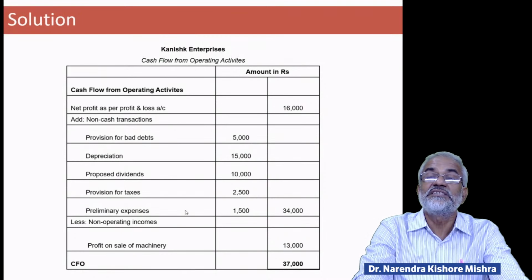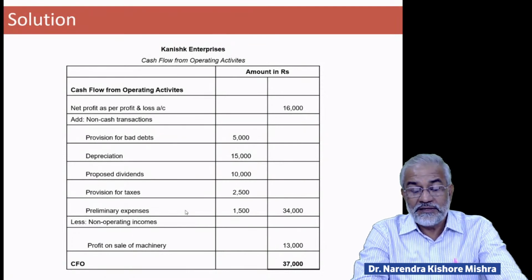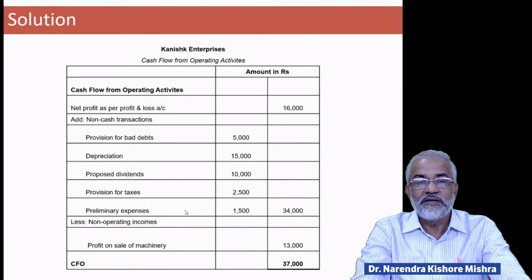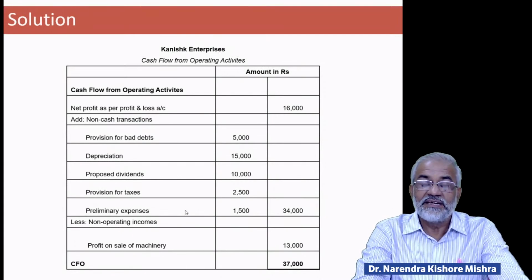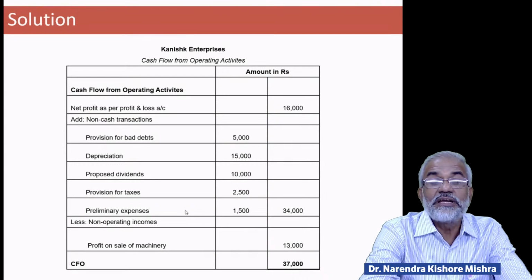So 16,000 is added with 34,000, and 13,000 being an inflow of cash from investing activities is deducted from the net profit, and the net cash from operation became 37,000, and that would be regarded as the operating flow of cash.